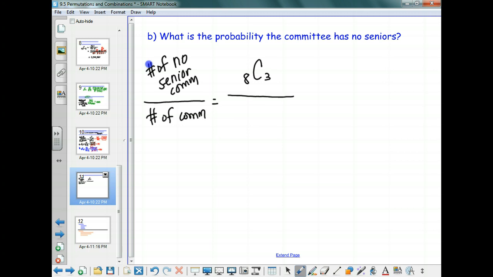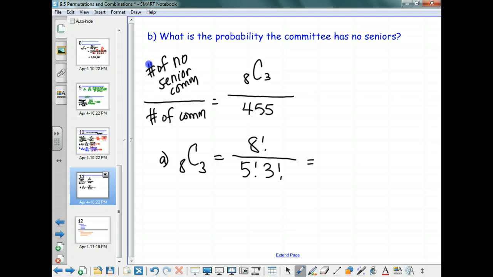The denominator should be the same though, right? So if you've already done one part of this problem, don't do it again. 455, we already did that. But I need to do, if you will, a part A down here, that's 8C3. What will that look like? Hopefully you've already noticed that the 2 numbers in the denominator add to the one in the numerator. Okay, real quick, make sure you didn't write something down wrong.